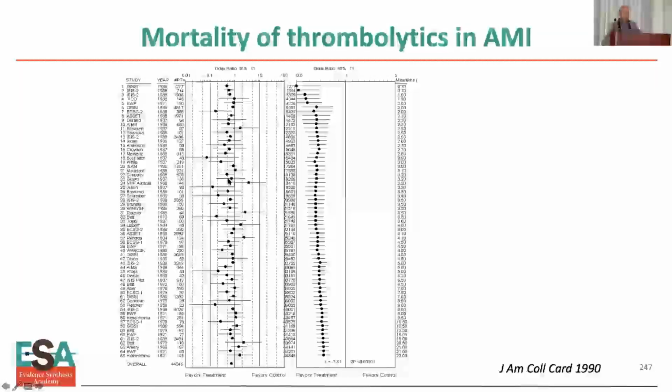This is the forest plot. It's a little bit hard to read, but here's the line of no effect. You can see that most of the studies are to the left of it, which shows that these treatments are effective. But notice that if you look down these dots, these dots are much further to the left of the null line than these ones are.